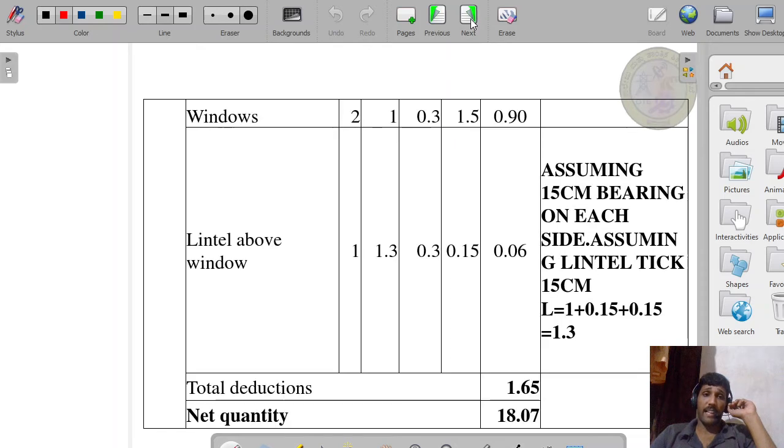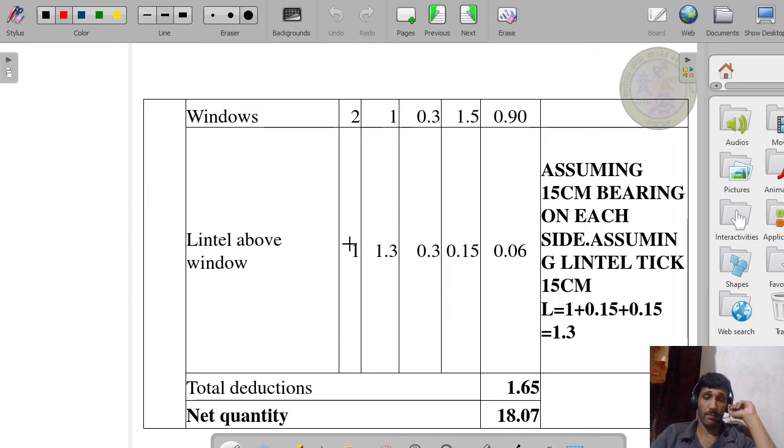Next, lintel above windows. 2 numbers of windows are there, and the window dimension is also the same, 1 into 1.5. Lintel above window, 1 number, sorry, not 1 number, make it 2 number. 1.3, 0.3 and 0.15, 0.06.